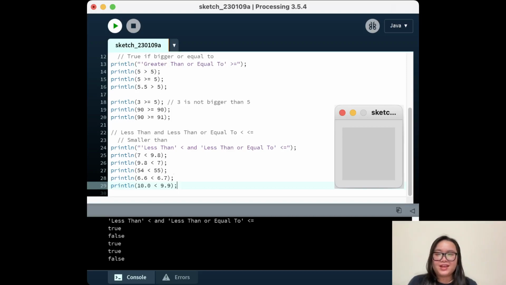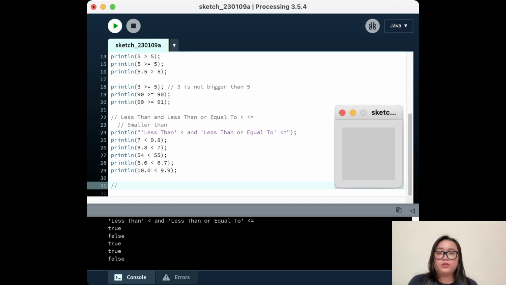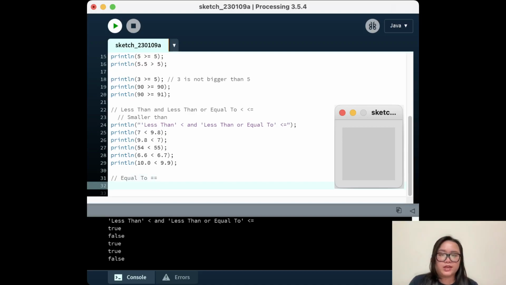Equal to. The next relational operator we'll look at is the equal to operator, which is denoted by two equal signs. It's important to note that this is different from the single equal sign, which is the value assignment operator. So to recap, single equal means to assign a value, and double equals compares a value.